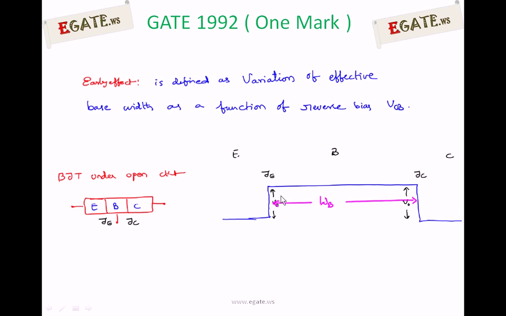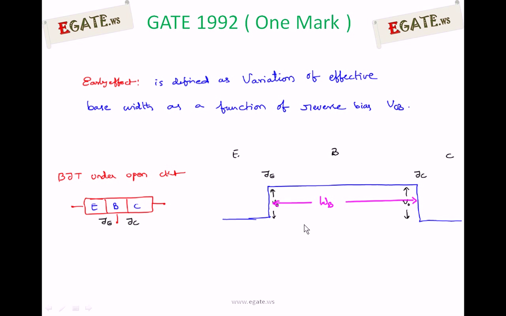So this is the base portion where the electrons are going to be present from this end to this end, that is from the emitter base junction to the collector base junction, for the PNP transistor. For PNP, the base is N type, so electrons will be present. If it is NPN, holes will be present. That is, the majority carriers of the base are present from JE to JC.